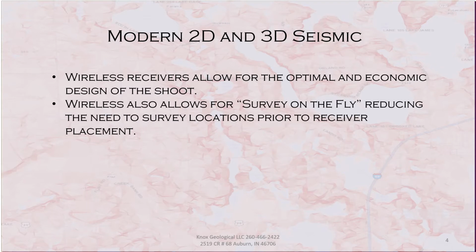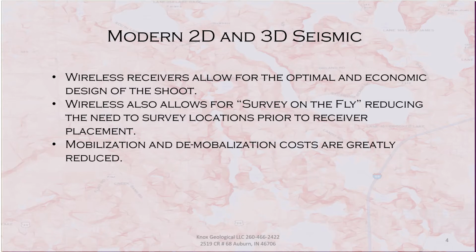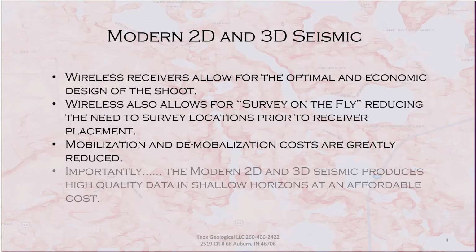Wireless also allows for the survey on the fly, so we're reducing the need to survey locations prior to receiver placement. This cuts down the cost tremendously. Mobilization and demob costs are greatly reduced. There's not a huge amount of wire to move. And importantly, the modern 2D and 3D seismic produces high-quality data in shallow horizons at an affordable cost.